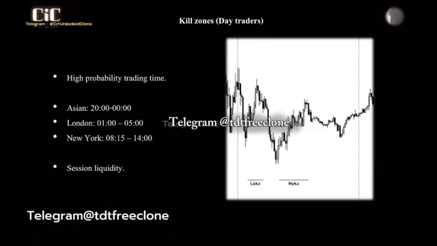That's what we're trying to predict. The market makers are using the sessions to generate liquidity, and they're using each session to move the market in a certain way depending on which liquidity it took first.